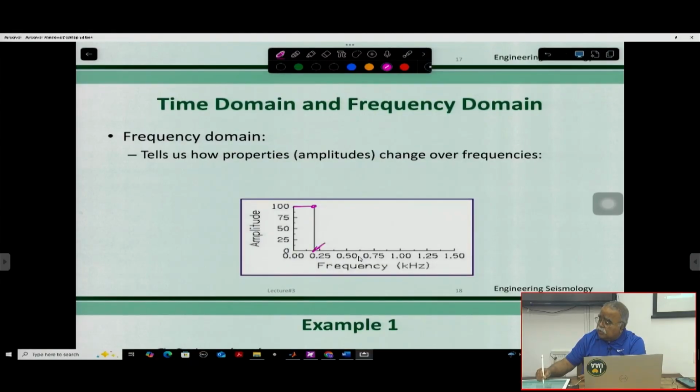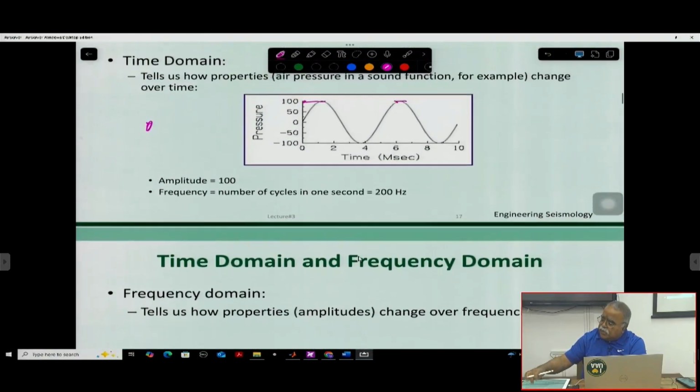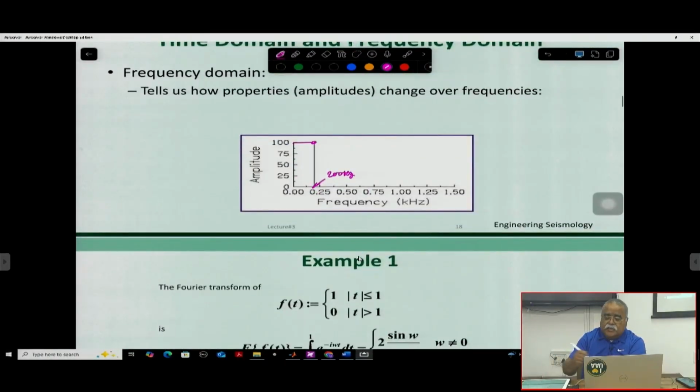So this is your 200 hertz, right? At that point you will get the amplitude. So you can find out that this time domain signal has an amplitude of 100. You can calculate that directly, right?